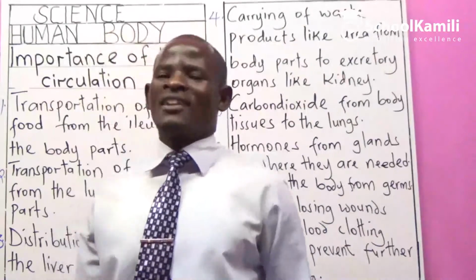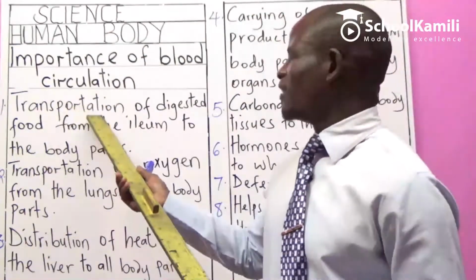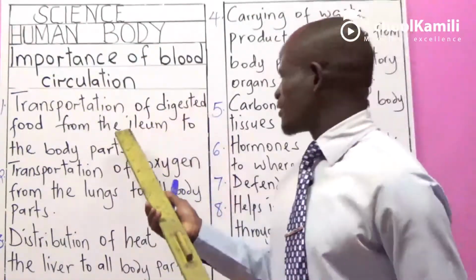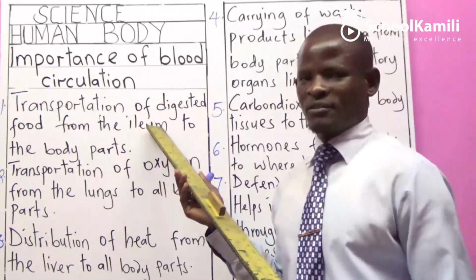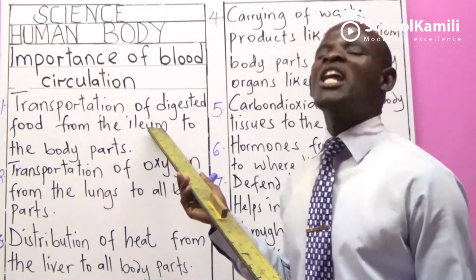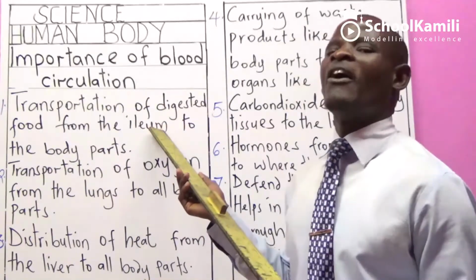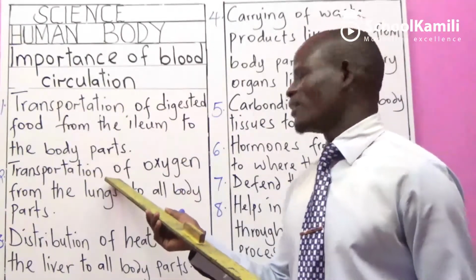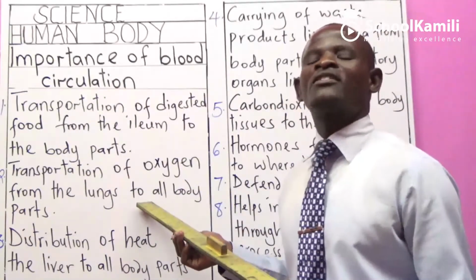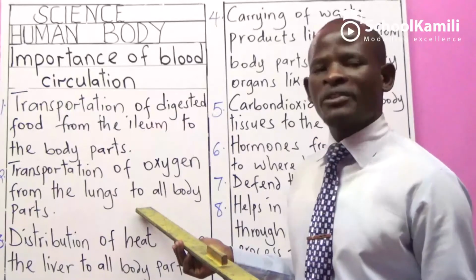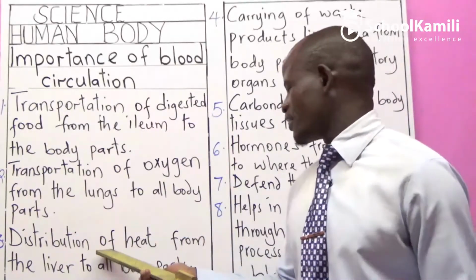In a nutshell, boys and girls, transportation of digested food nutrients to all body parts, absorbed into the bloodstream through the ileum or the small intestine. Transportation of oxygen from the lungs to all body parts, used in the process called respiration.